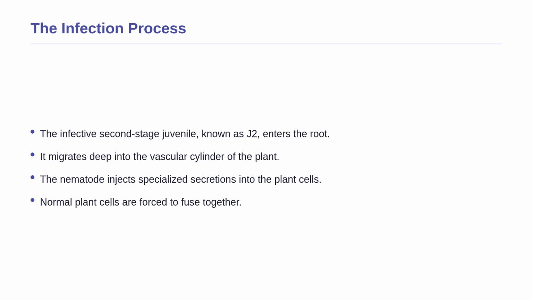Upon reaching this critical area, the nematode injects specialized chemical secretions directly into the surrounding plant cells. These secretions act like a biological hack, forcing normal, healthy plant cells to fuse together and completely change their function.